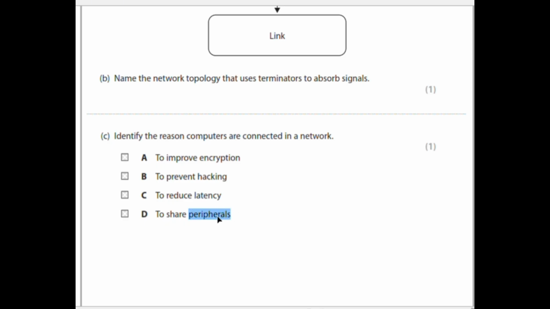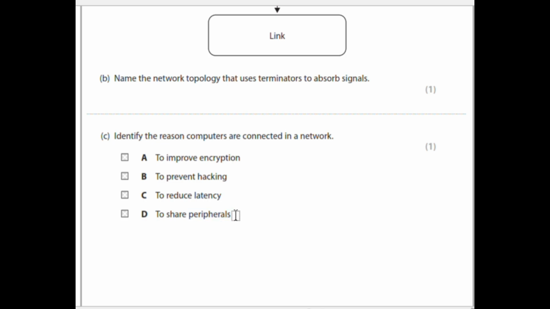Why do we connect computers to a network? To reduce latency. What is latency first? Lag, or what? Latency is the lag or the sluggishness or the delay. We connect computers to a network to reduce delay.